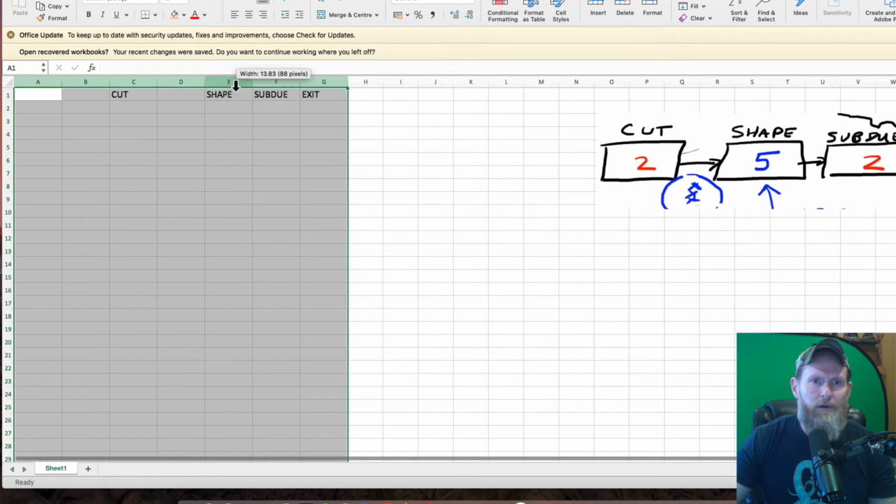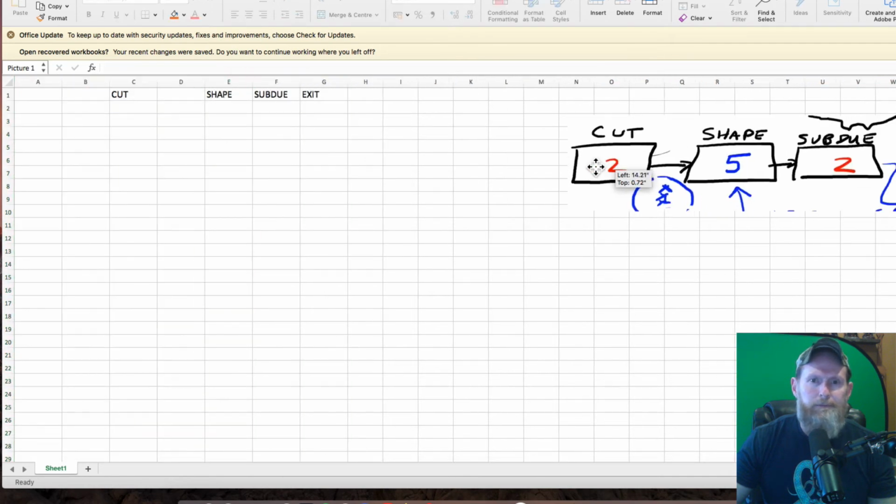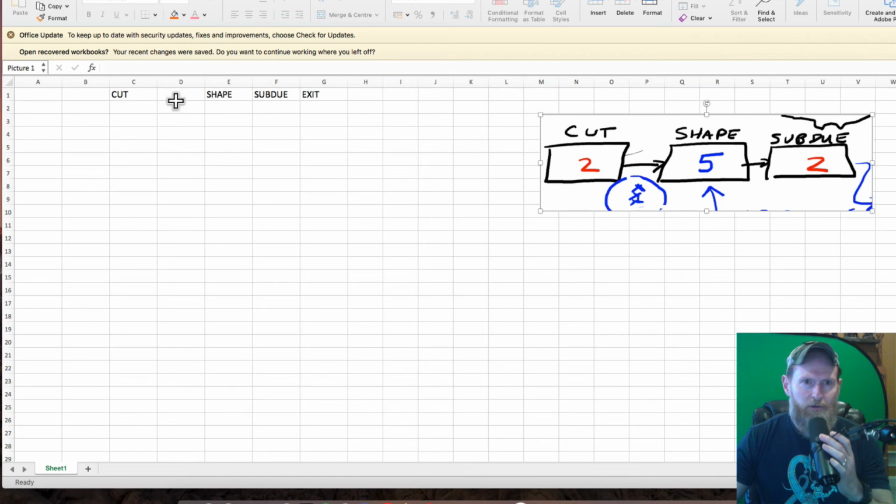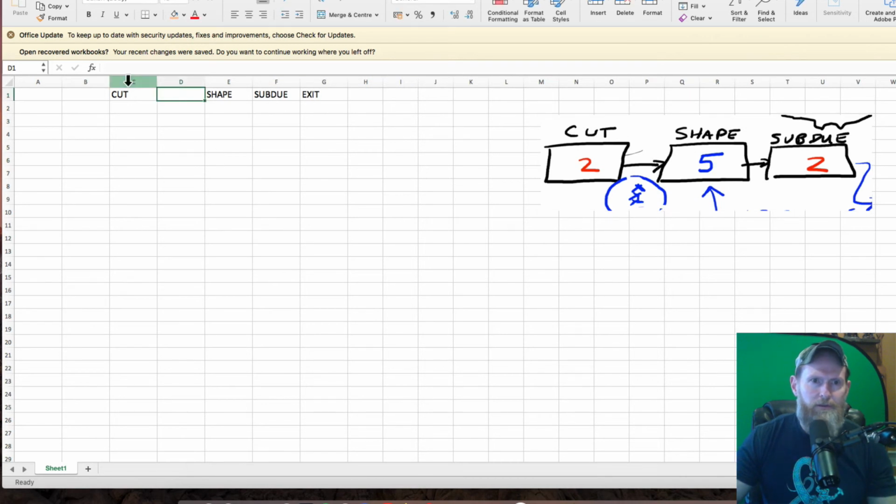Get a little more length there so we have a little more room. And you notice I left a column between these two because we know there's going to be buildup right there. So I'm just going to put a wait right there because I want to show you where those batarangs go when they're waiting to be shaped.